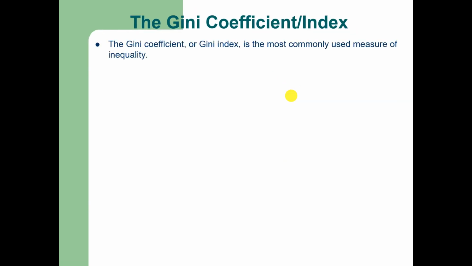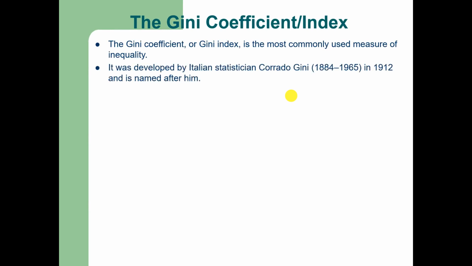The Gini coefficient or Gini index is the most commonly used measure of inequality, developed by Italian statistician Corrado Gini in 1912, and it is named after him. That is why we call it the Gini coefficient.